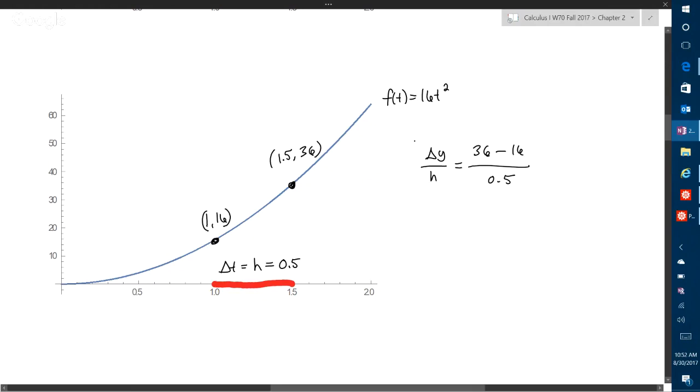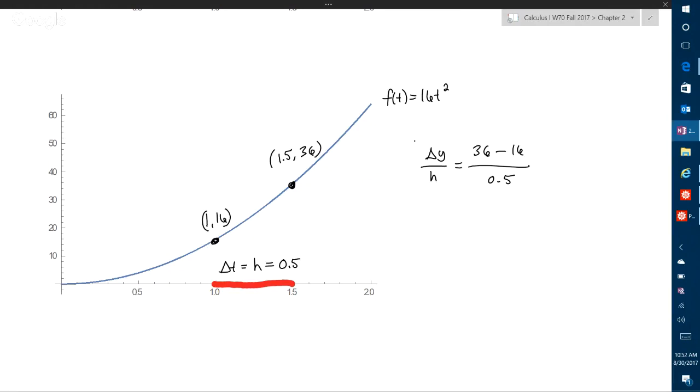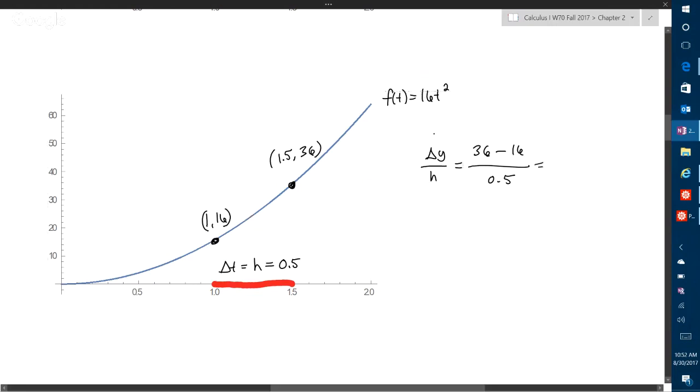Let's see what we get back. Well, 36 minus 16, that's 20. And then 20 divided by 0.5 is 40. 40 feet per second.